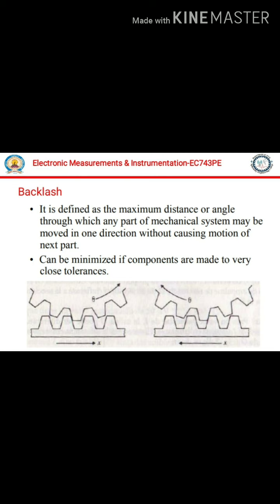Any rigidness or opposition you face in a particular direction or angle you can consider as backlash. Backlash occurs because of the mechanical structure or rigidness of the instrument. You can reduce this by careful design and by providing more tolerance in the instrument.